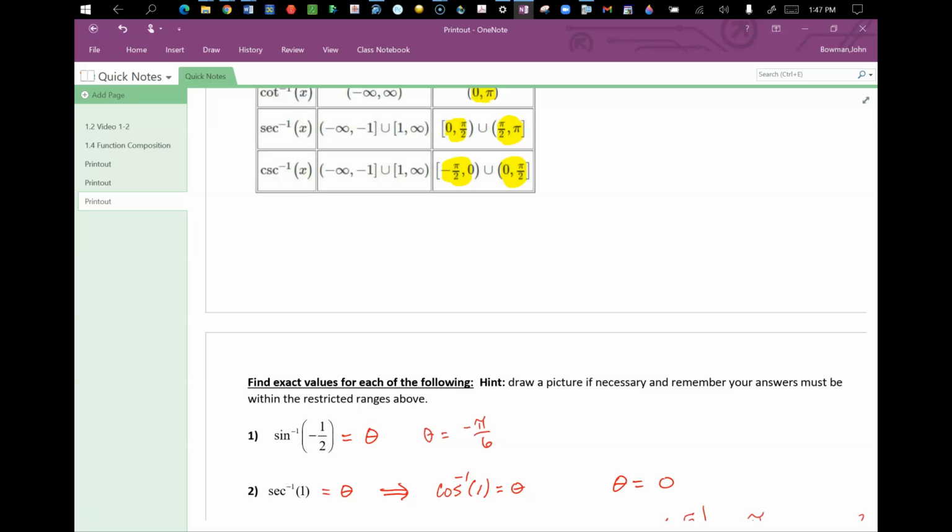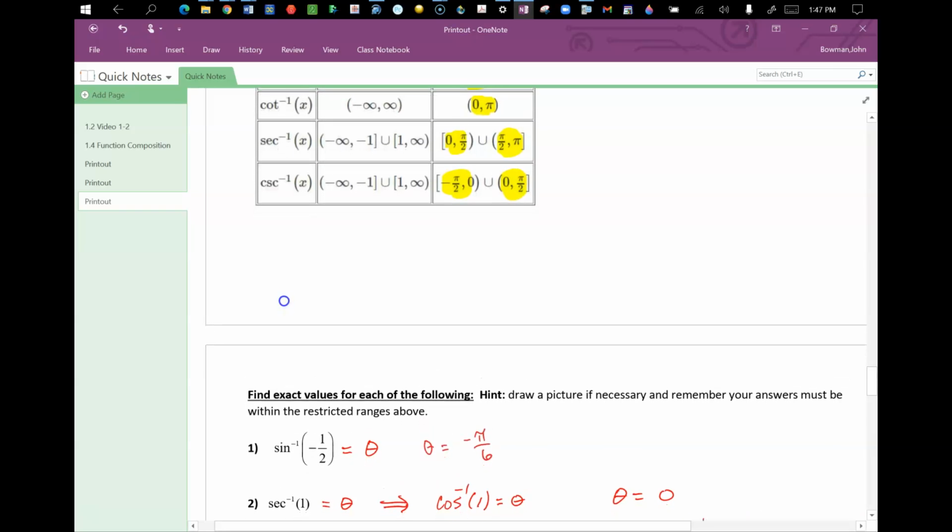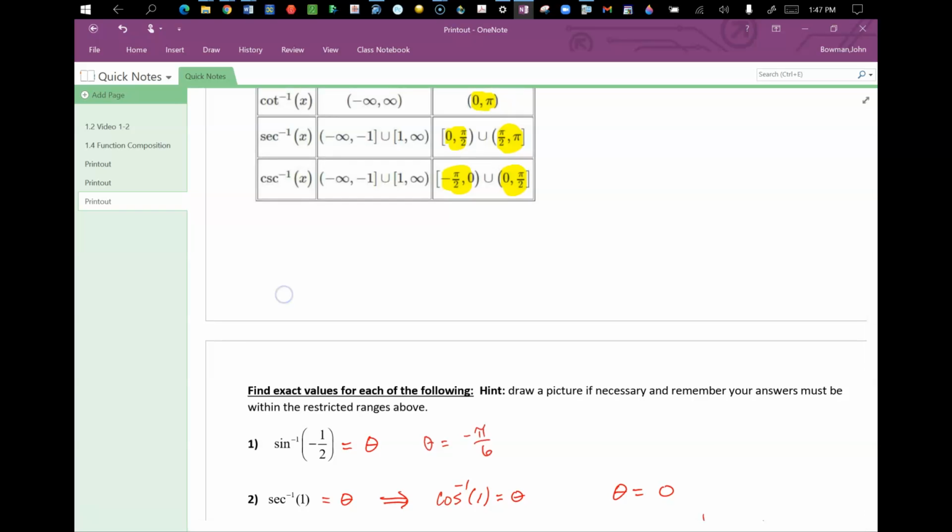Another way you can think about this is what angle has a cosine of the reciprocal of 1, but the reciprocal of 1 is 1, and so you can think about that in terms of the inverse cosine, and the inverse cosine of 1 is 0 because the cosine of 0 is 1.